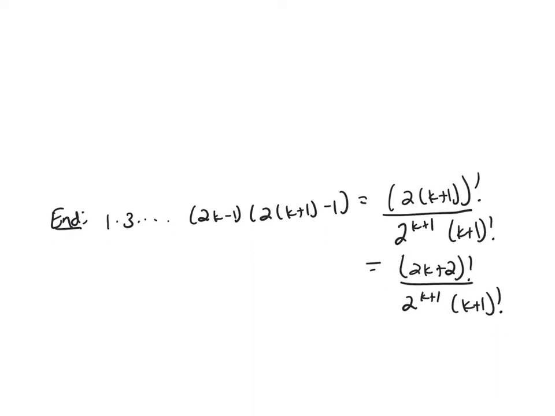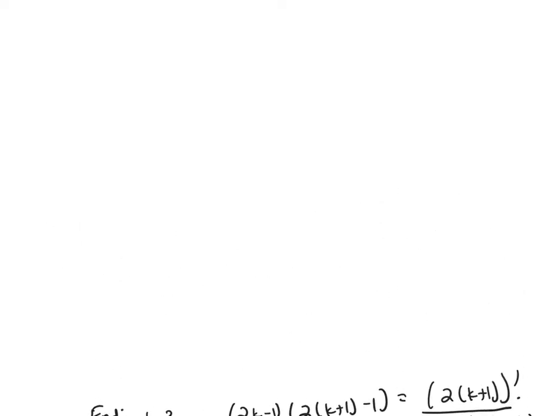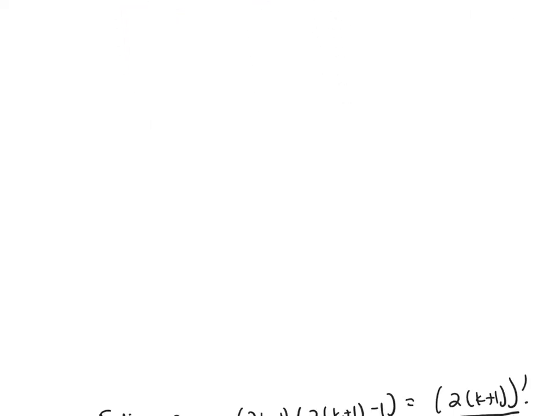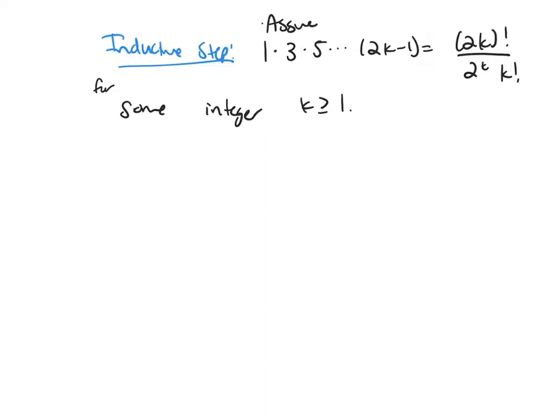And usually we start with the left-hand side, but I'm going to start with the right-hand side instead. So in the end, what do we have on the right? We had 2k plus 2 factorial over 2 to the k plus 1 times k plus 1 factorial.